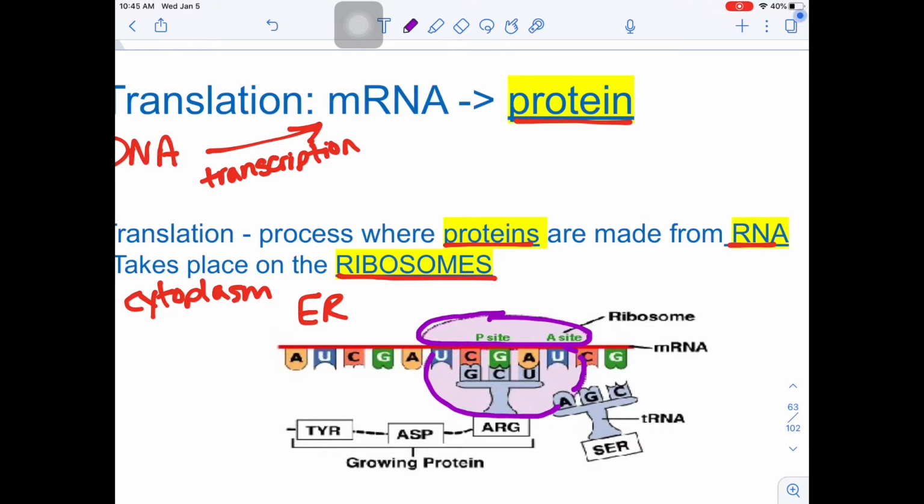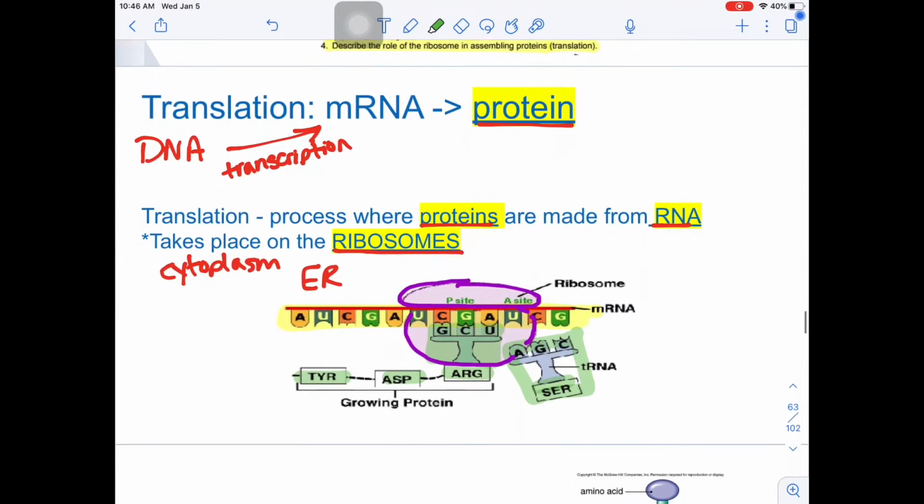And together they attach to the RNA strand that was created in the nucleus during transcription. As the ribosome reads this RNA strand, molecules of tRNA are going to come in and also attach to the large subunit of the ribosome and carry with them the amino acids that are needed to build the growing protein strand. We'll look at this in a little bit more detail.